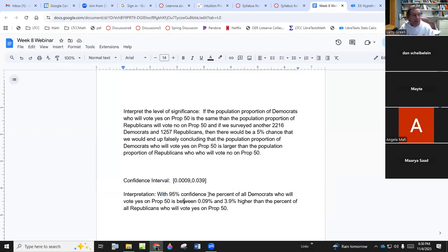So with 95% confidence, the percent of all Democrats who will vote yes on Prop 50 is between 0.09%, because I move this decimal 2, it's 0.09, and 3.9%, because that's if you move it over 2. And these are both positive numbers, so they're both higher for Democrats. Then the percent of Republicans, little mistake here, who will vote no on Prop 50.